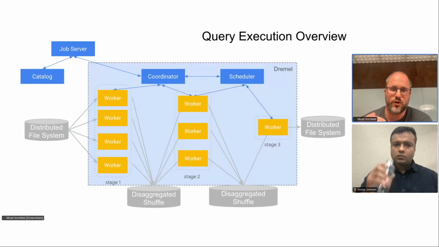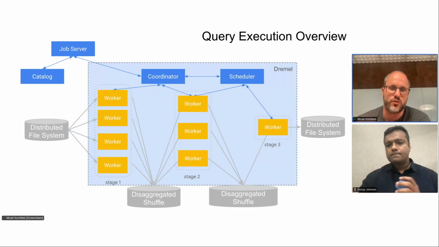From more of an architectural view, when a query gets run in BigQuery, it starts off at the job server, which receives an incoming query request. The job server coordinates between our internal catalog and the Dremel engine to actually run the query. Queries get executed in stages where they read from either a distributed file system or an object store.